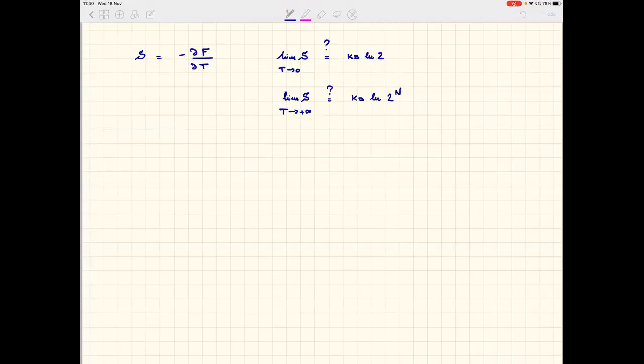Okay, so now the exercise that you should sort out is the following. Go back to the calculation we have just done. Take the free energy, compute the entropy, and check that these two limits come out correctly, okay? It's very important.